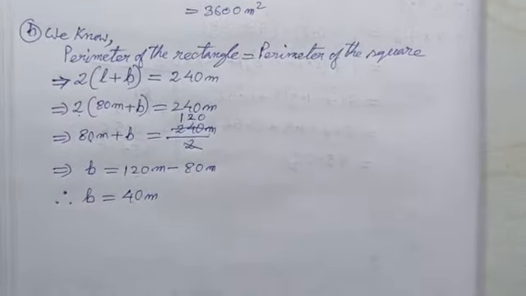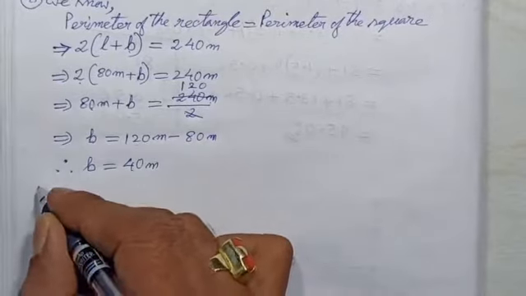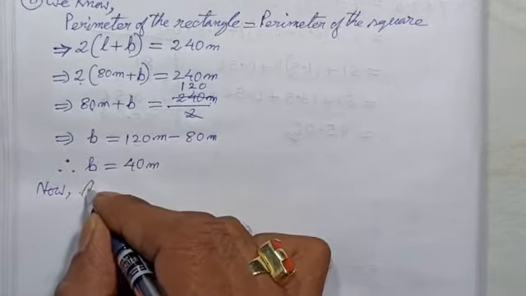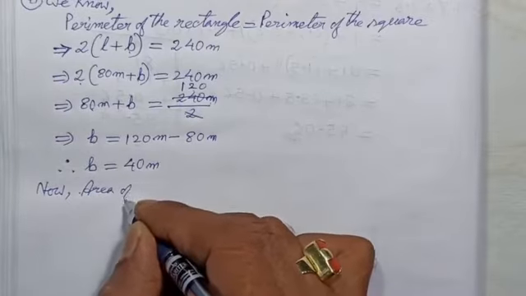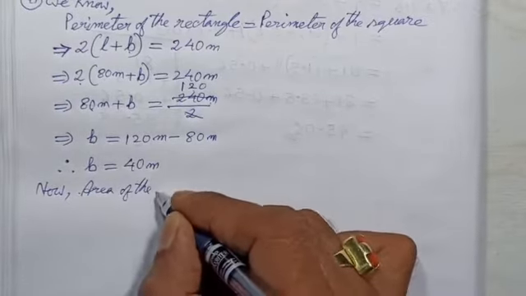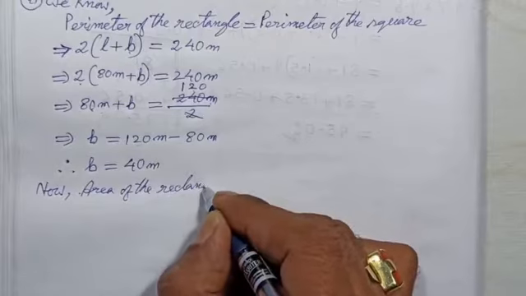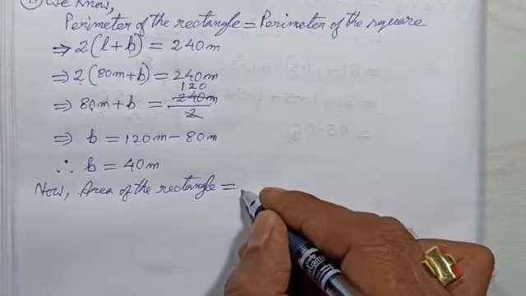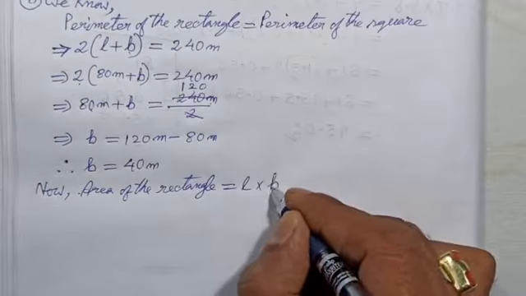Now let's find the area of the rectangle. The formula to find the area of a rectangle is length into breadth.